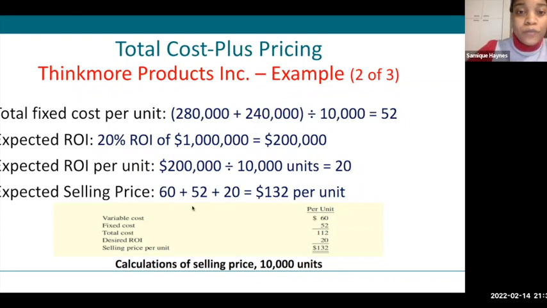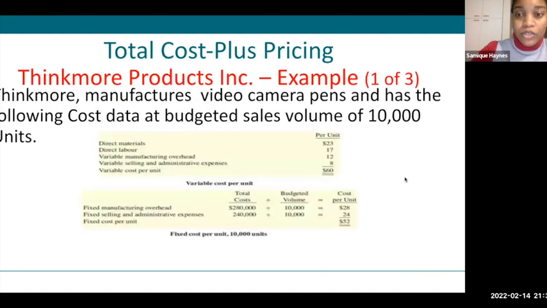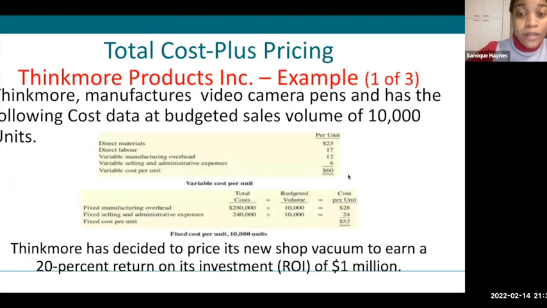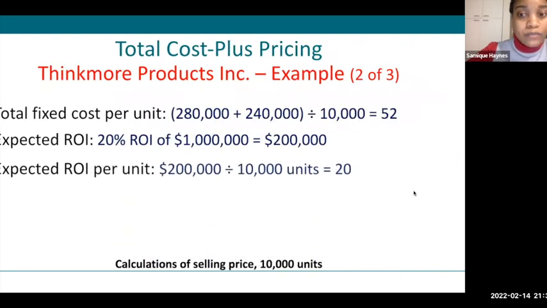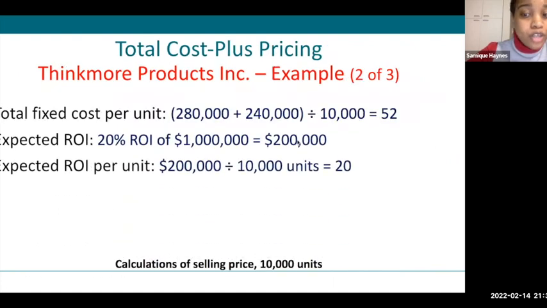Okay, so I'm going to go back. We know here that our variable cost is $60 and our fixed cost is $52 per unit, okay? And we also know that we want a return, or a profit, of 20% of our investment, and we invested $1 million, they said. So 20% of the $1 million is $200,000.